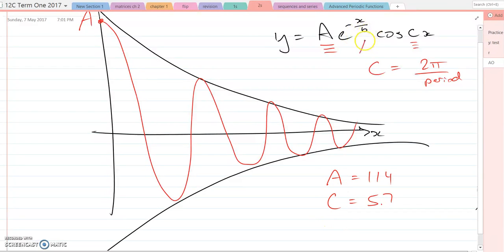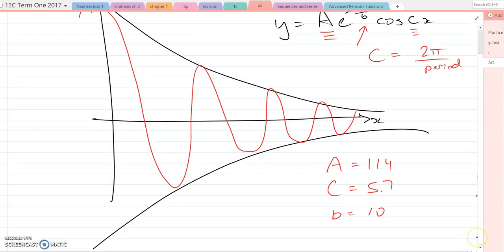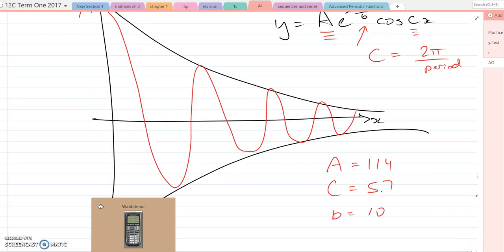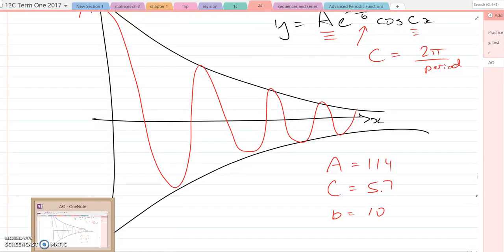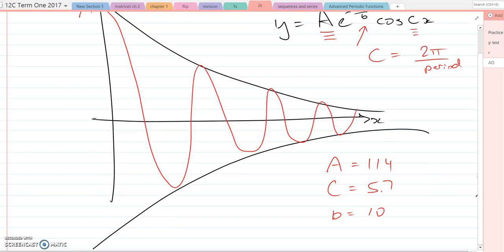This B here, we just sort of guess. I was thinking it would be sort of 0.1 or something, but because it's divided by, let's say 10. Okay, B is 10. So we could actually try and graph this in Excel using these numbers and see how close it is.